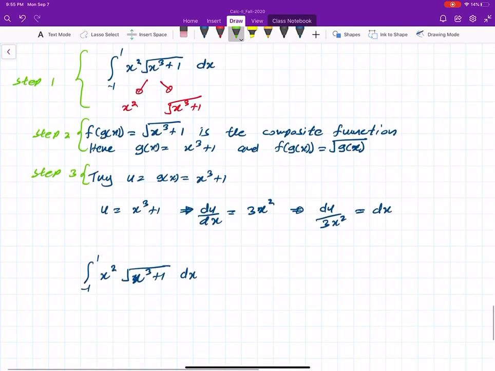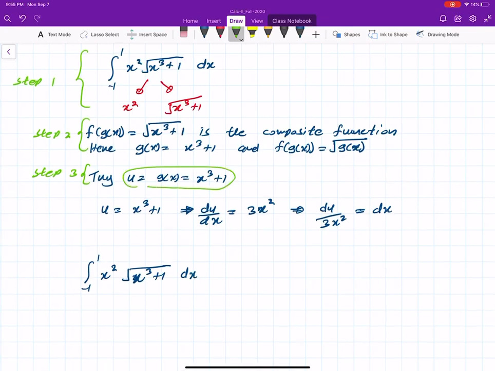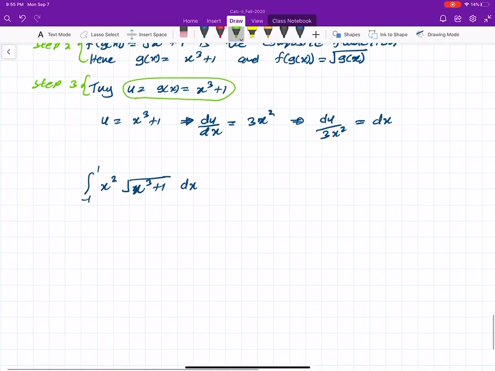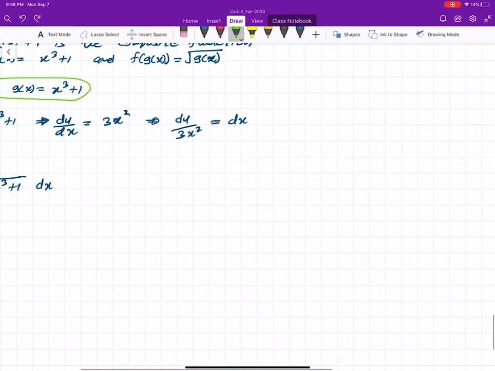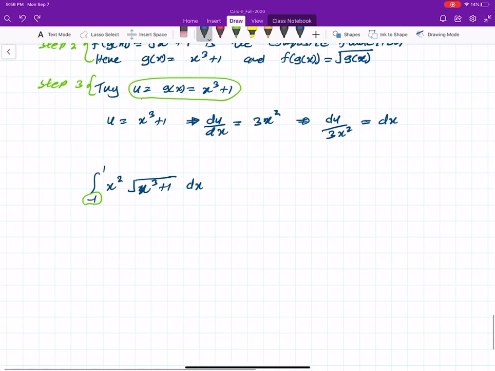The function g is actually function u, right? So you see that here. G of x, u are same. G of x, u equals x to the power 3 plus 1. So here the lower limit is minus 1, so in the new problem it should be g of minus 1. Here the upper limit is 1, so this should be g of 1.